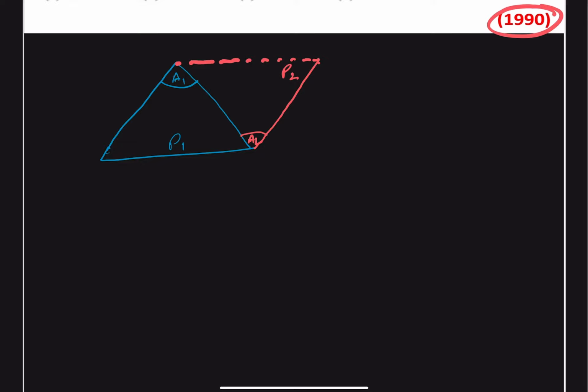So if we have an incoming ray on prism number 1, let me draw. This is our incoming ray.